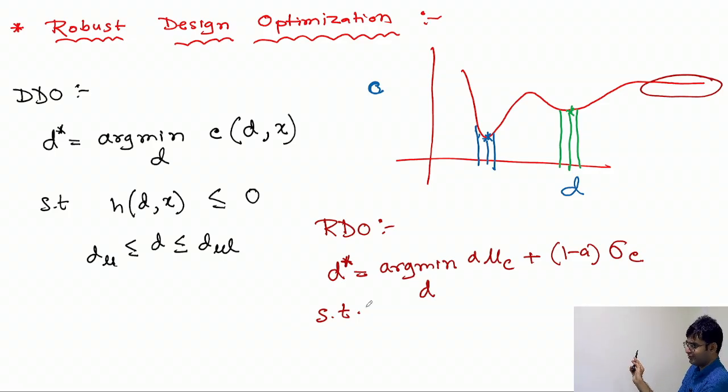H has a distribution, I agree. But you need a function, right? So let's say distribution function is a function, but then what is the constraint? Less than equal to, greater than what? You will look at the worst case scenario, right?